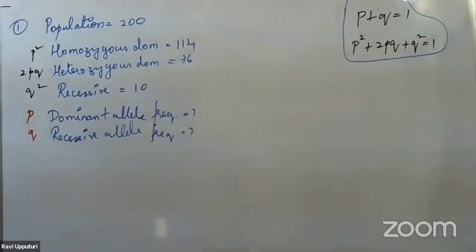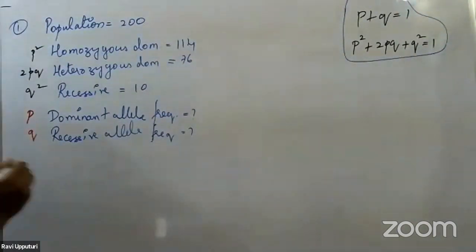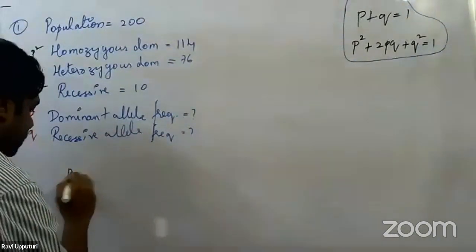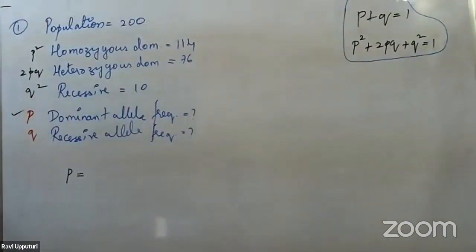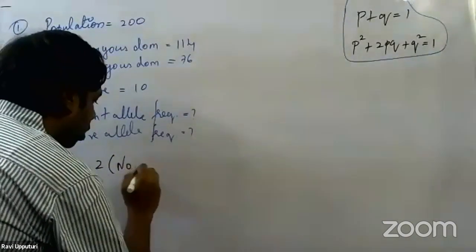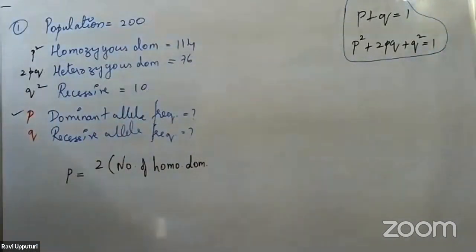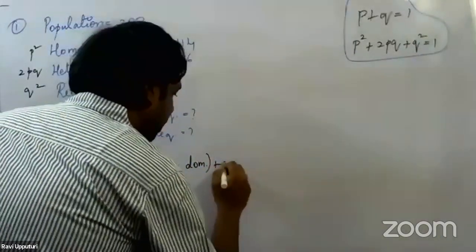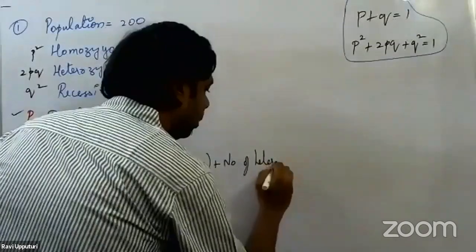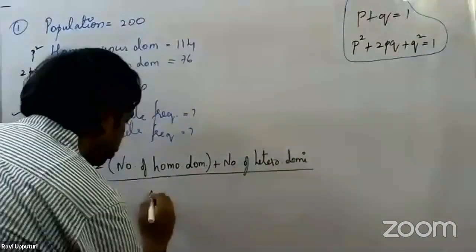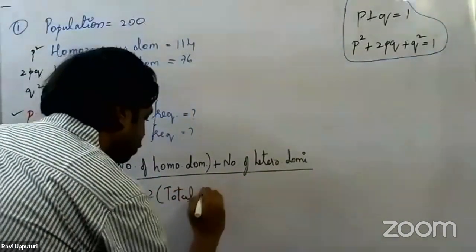If this sort of a problem is given, there is a simple expression we use. Let me put that down. First let us take up the dominant allele frequency. When we have to calculate the dominant allele frequency P, the expression we use is 2 into the number of homozygous dominant individuals, plus the number of heterozygous dominant individuals, divided by 2 into the total population.